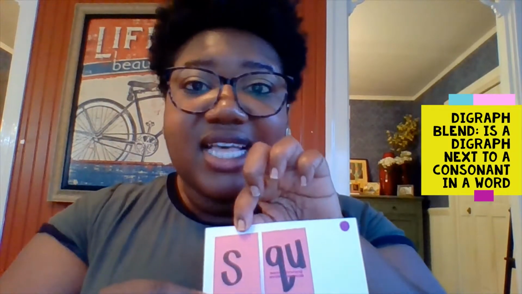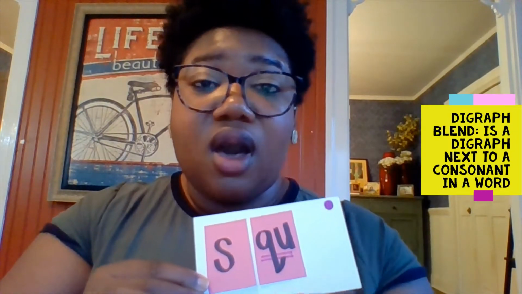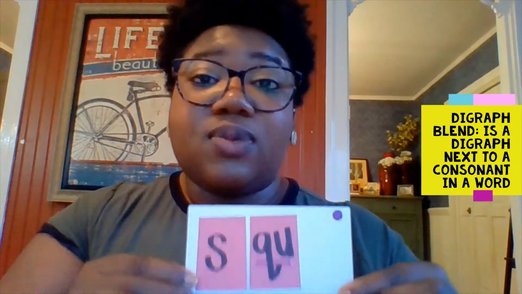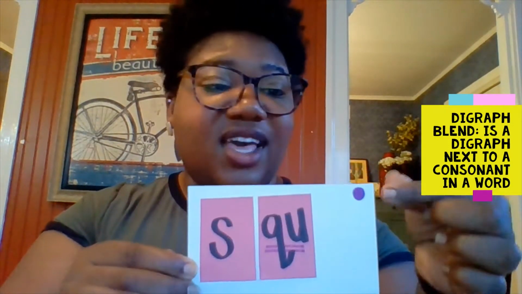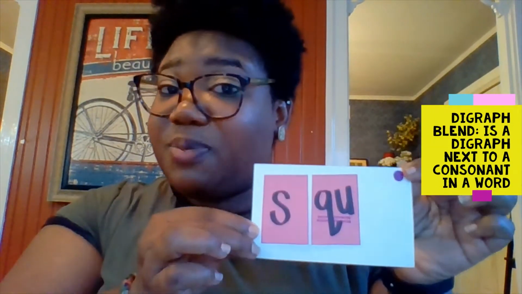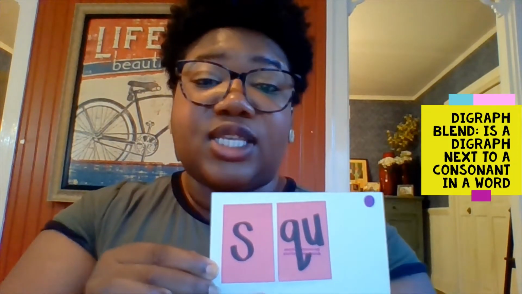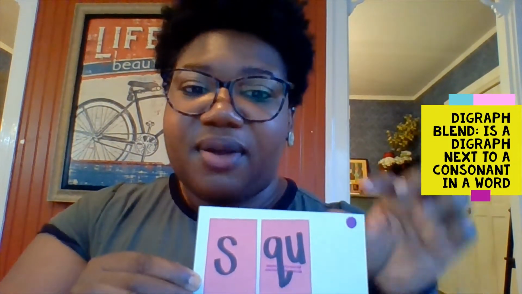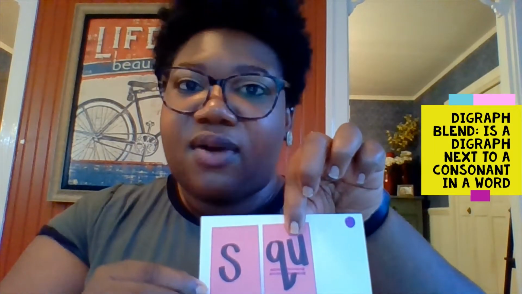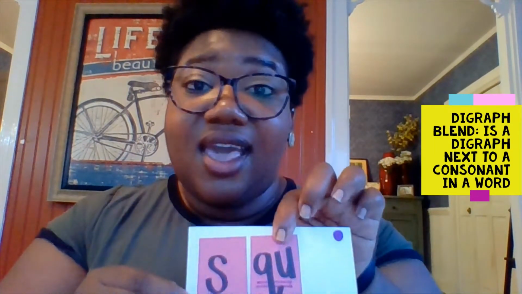So when you have S here, this is going to be our special guest. I put a dot there so you can know this is our special guest in the digraph blend family. And it says squ. And it's a little different because this one is the only digraph blend that contains a vowel. So now let's go and practice identifying the digraph blends in words and then stretching and reading those words.